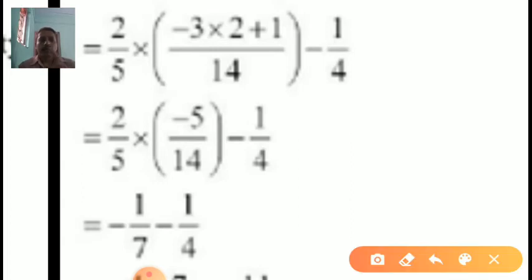Now look here. As in the first question, we can do the steps directly. This 5 cut, this 5 cut. 5 ones are 5, 5 ones are 5. Now on the numerator side, 2, and on the denominator side 14. So cut it. 2 ones are 2 and 7 twos are 14. Now you remember the table.